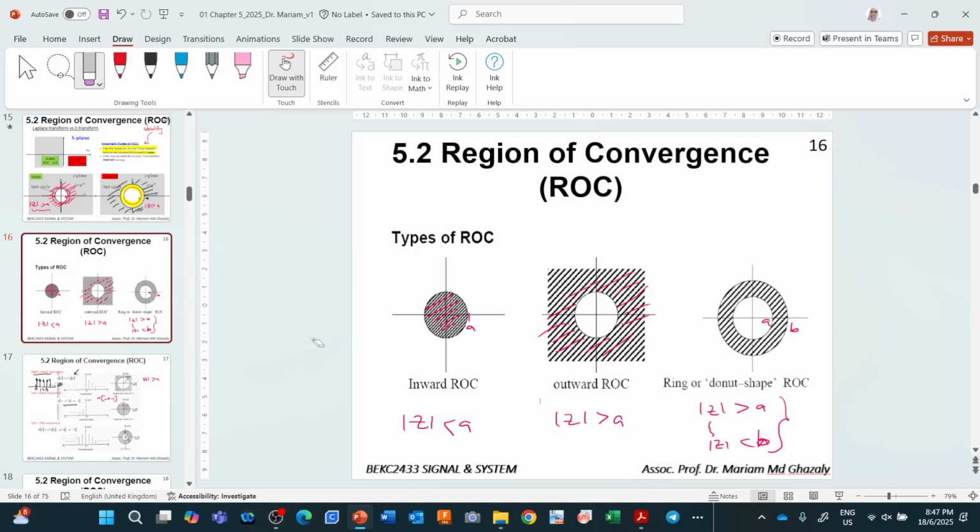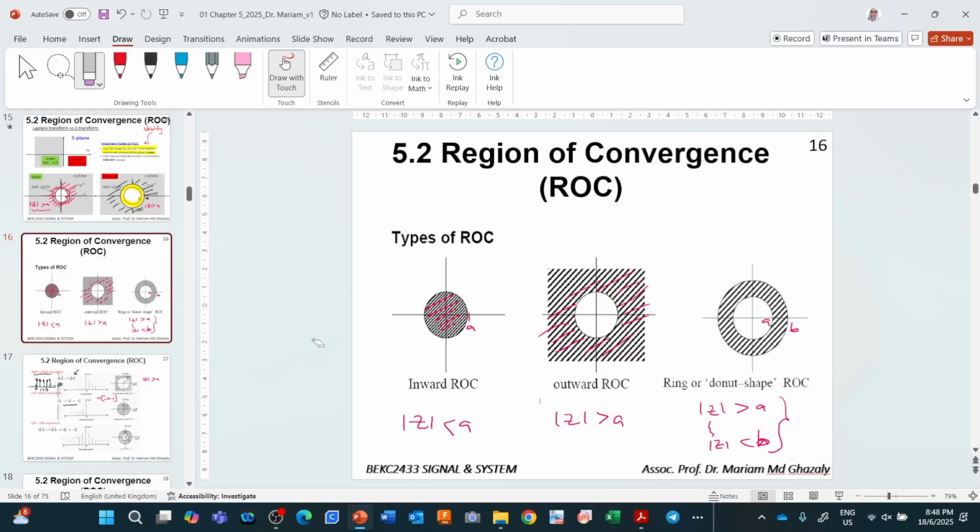If you have the unit circle at 1 in the middle, let's write the ROC: Z more than A and Z less than B. Let's say A is 1/2 and B is 2.